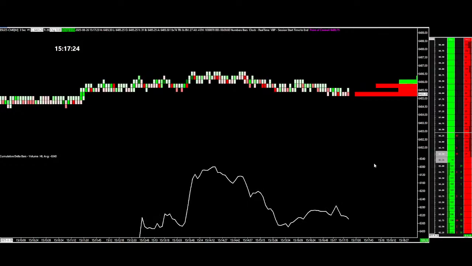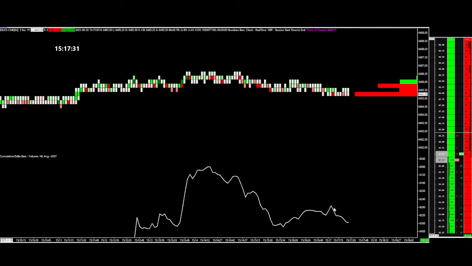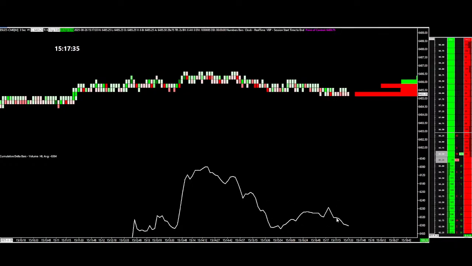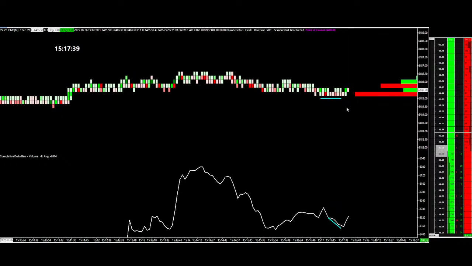So see, there's a slight buy side. You see it right now? Buy side. Blue bottom, blue bottom. Got it here.